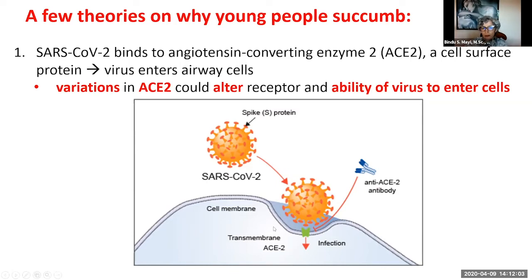One theory is that there may be genetic variations in this ACE2, the receptor that the virus binds to, such that there are differing susceptibilities no matter what your age might be. Okay, so if there's a variation in this ACE2, then it might alter the ability of the virus to enter the cells. That's one theory.